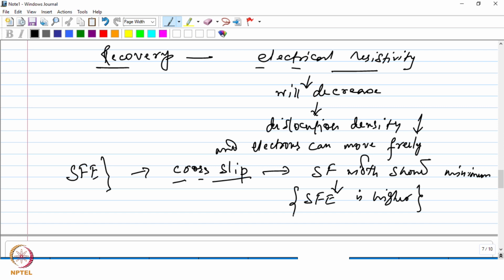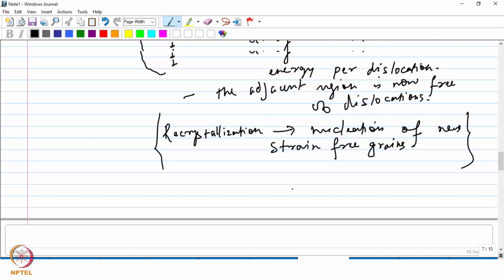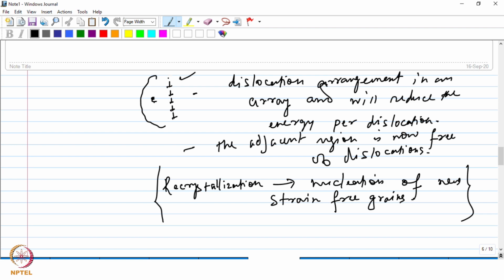And for materials having higher stacking fault energy, dislocations can easily cross slip and move over other intersecting slip planes also, right? So having a higher stacking fault energy means it is easier to move the dislocations through the lattice of such materials, okay? And therefore, the tendency for recovery is going to be higher, because dislocations can now move and go to these kinds of regions and arrange themselves in these kinds of arrays.